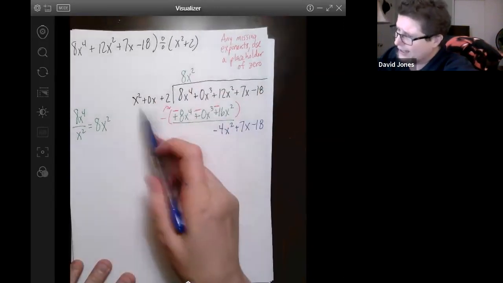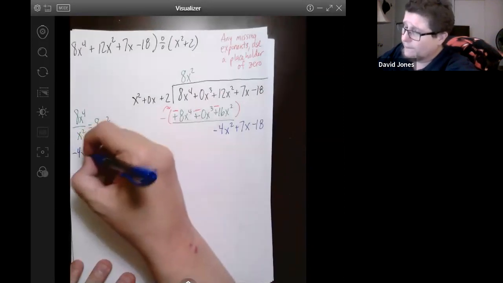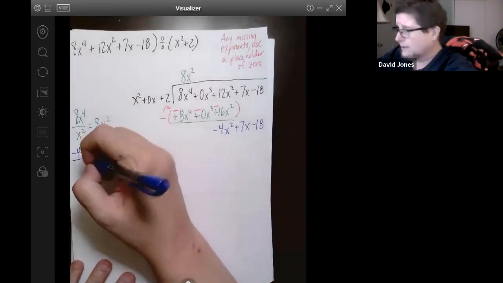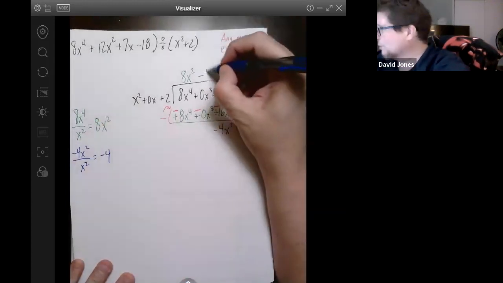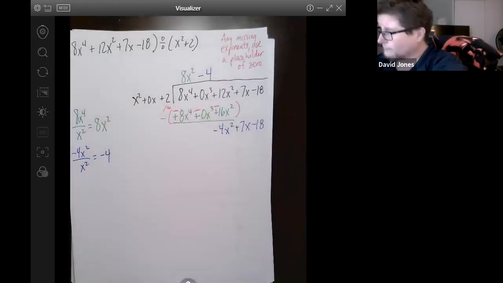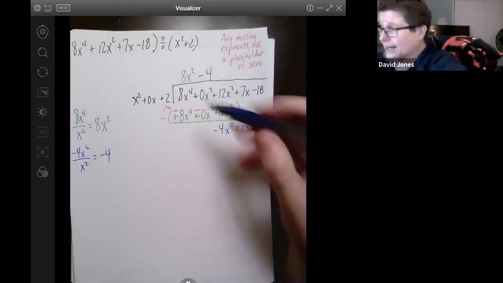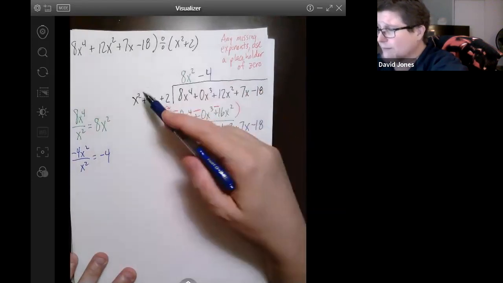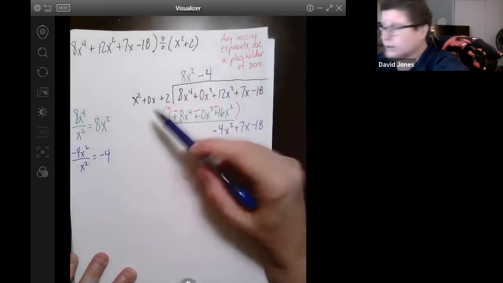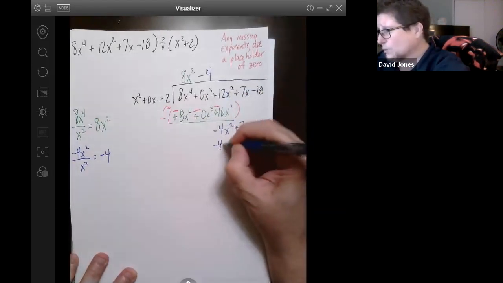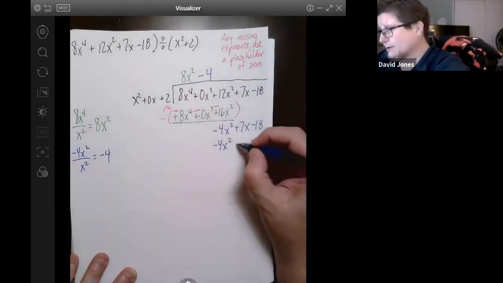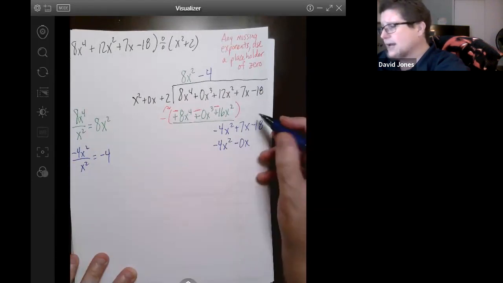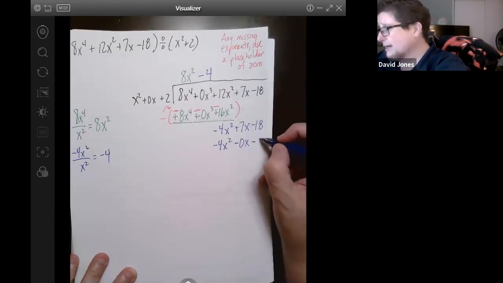Now I'm dividing x squared into negative 4x squared. The x squared cancel and I get negative 4, which I'll put up top. We again take it, multiply. Negative 4 times x squared is negative 4x squared. Negative 4 times 0 is 0x. And negative 4 times 2 is negative 8.